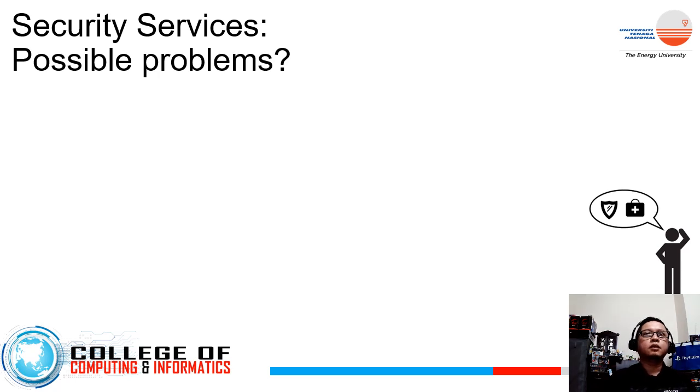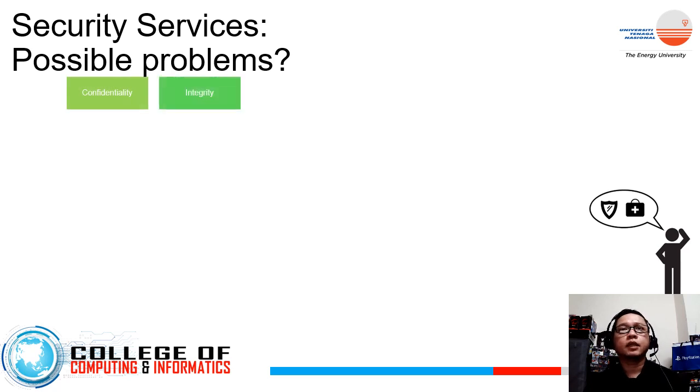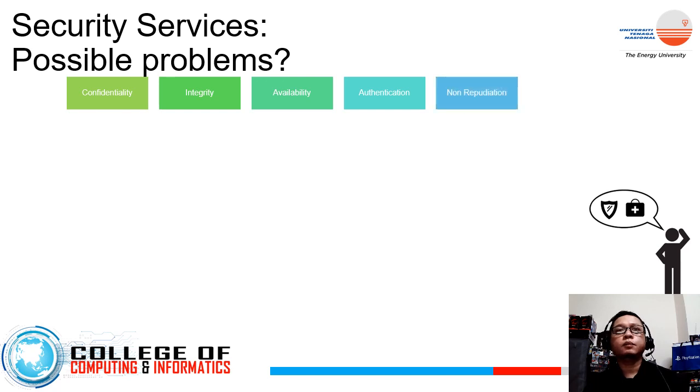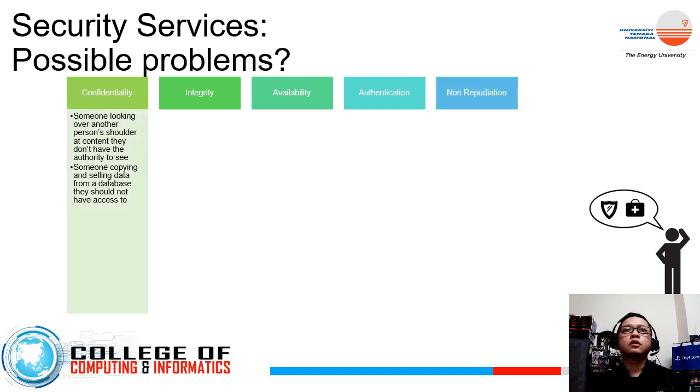So in terms of security service problems, we look at these examples. Again, remember the possible security problems with regard to the pillars. You will have confidentiality, integrity, availability, authentication, and non-repudiation problems. For confidentiality, for example, you have people who are not authorized to view certain data. These are just examples of threats that could come to your information.